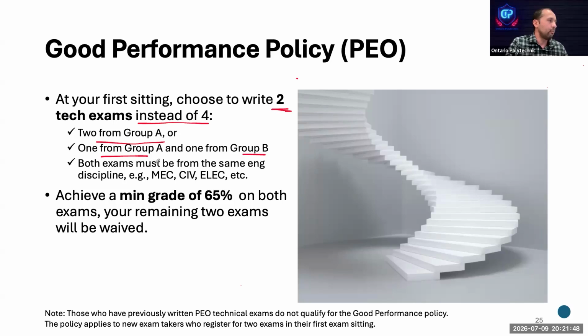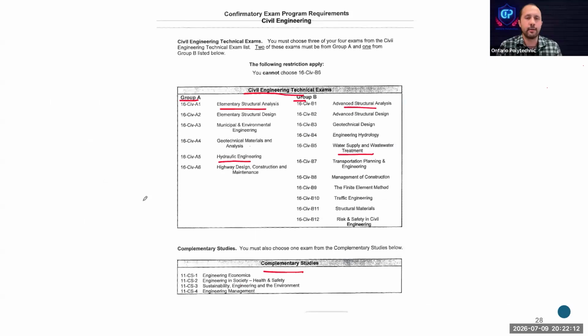And both of these should be from the same discipline. So if you are taking A from the mechanical discipline, the second from group B should be from mechanical too, or civil and electrical. And if you do that in one sitting, taking 2 from A or 1 from A and 1 from group B, and you pass them with a minimum grade of 65 and up, you should be fine.